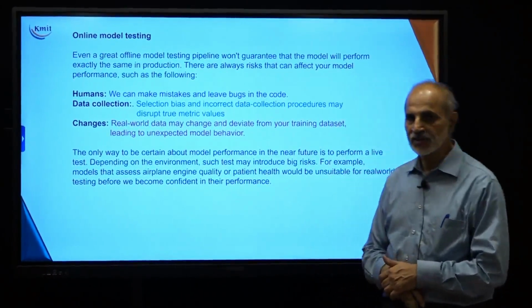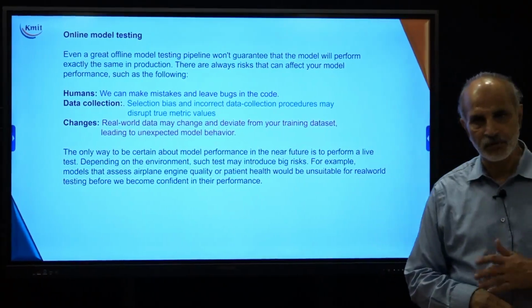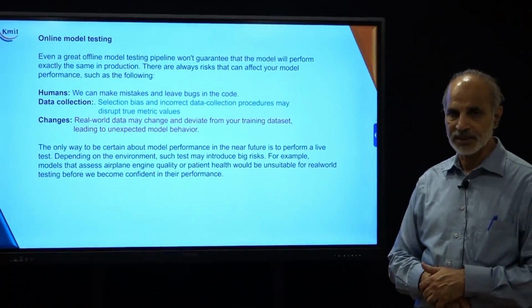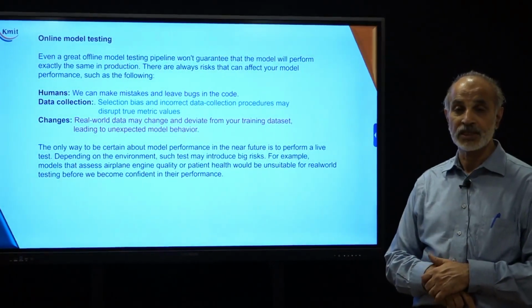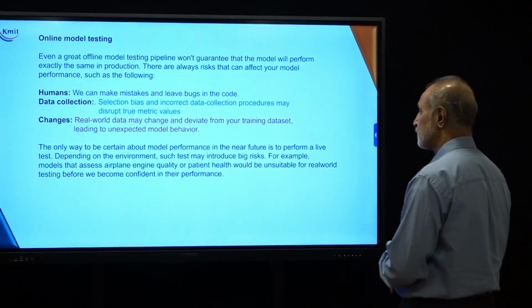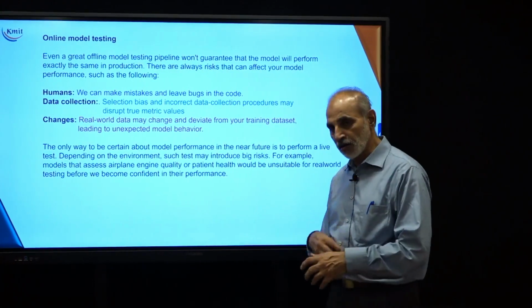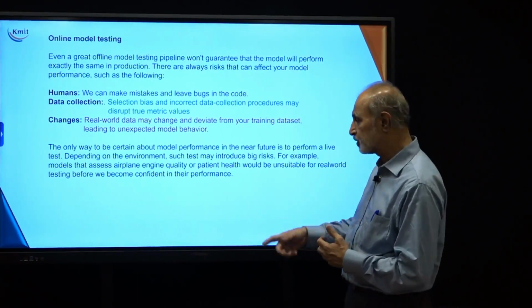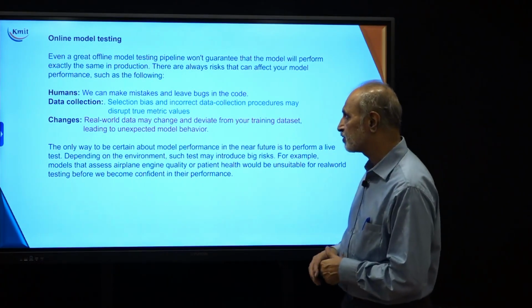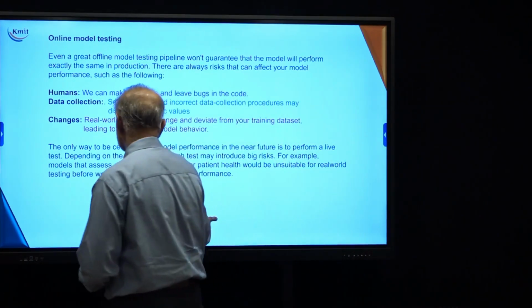This kind of domain requires a minimum amount of risk to be undertaken. That means your model has to perform very precisely and accurately, and has to undergo all kinds of testing procedures. Only then can you put the model into real effect. So, this is the background of our online model testing.